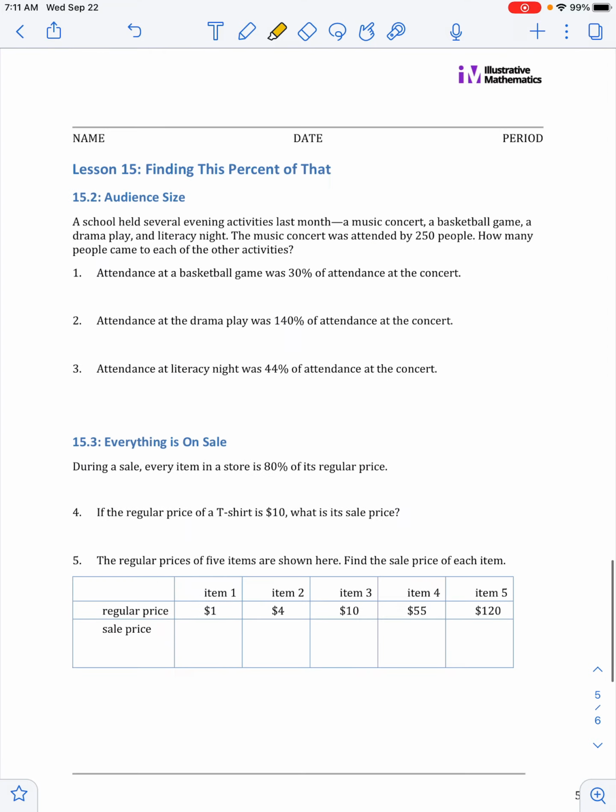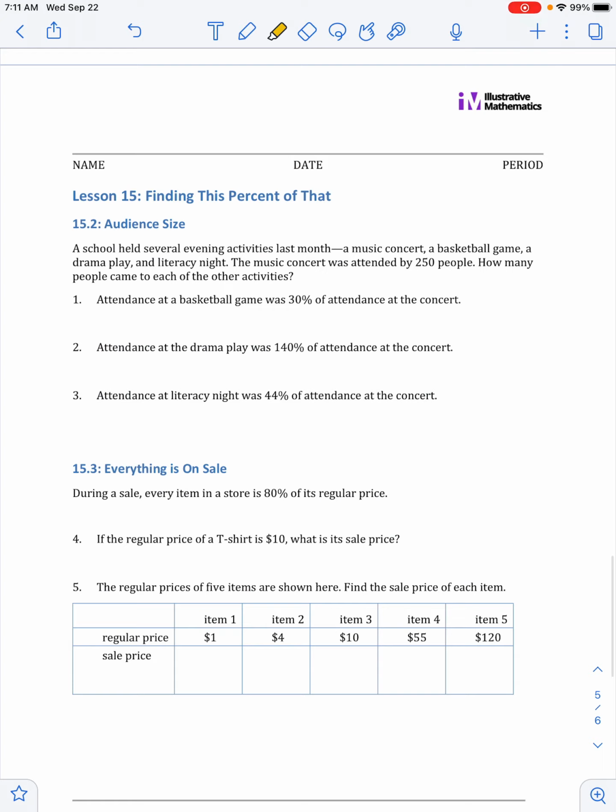Now, the last thing we did today was some review of finding a percent. So in this page, all of the questions are word questions, and it simply asks you to find a percentage of a whole number. Now, you guys got this because we just went over the notes of how to do that, so I'm going to have you do it on your own.